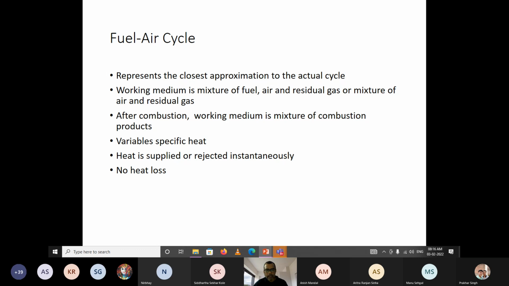Specific heats are variable, heat is supplied or rejected during a finite time, and heat loss also takes place. So that represents our actual cycle. How the actual cycle looks, and how much it deviates from the ideal cycle, is also possible to study.